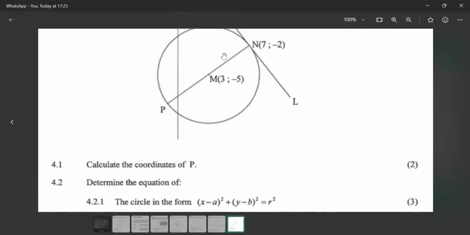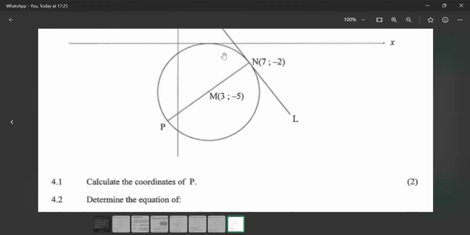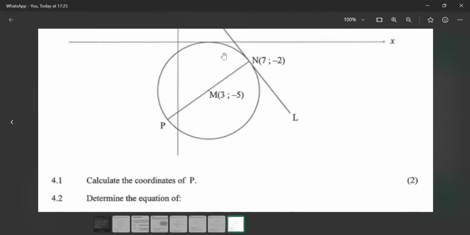Well, the first question says, please calculate the coordinates of the point P. So we understand that the point P is just another point on the circumference of a circle.